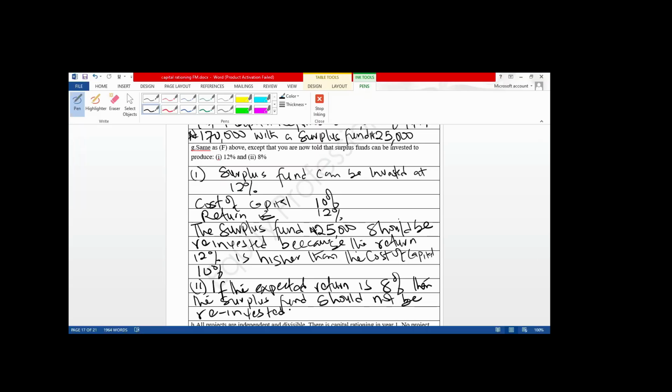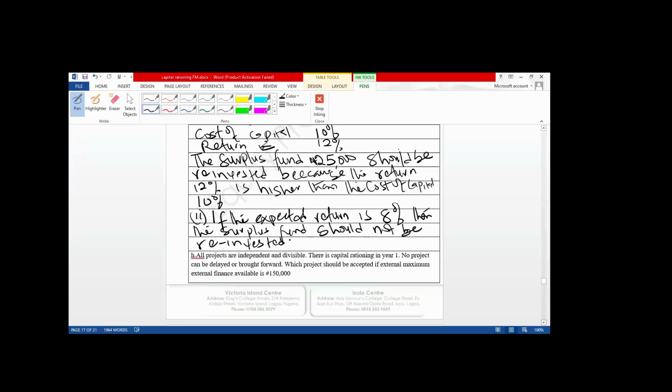Requirement H. Examiner says all projects are independent and divisible. There is capital rationing in year 1. Examiner has moved to year 1 now.